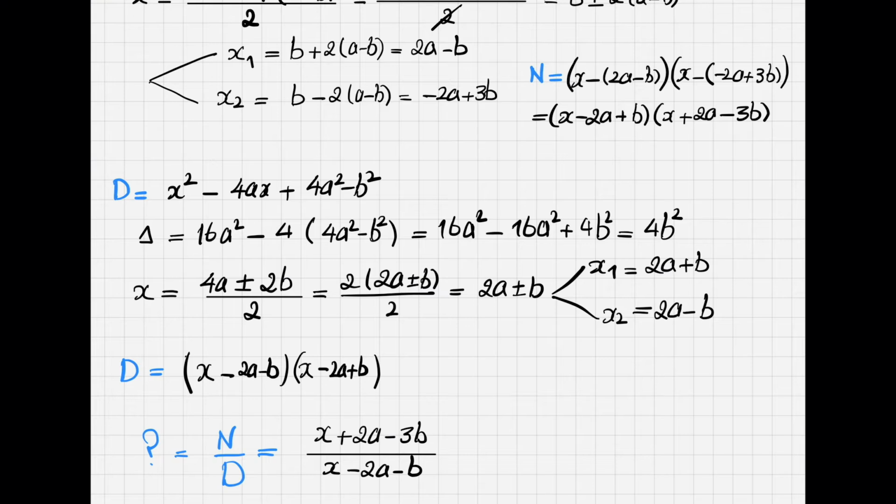But what I have in the answer sheet is that I have multiplied this numerator and the denominator by a negative sign, so this becomes 3b positive, negative 2a, negative x, and in the denominator it becomes positive b, positive 2a, and negative x. But of course, the reason that I did it here is because I wanted to get the exact answer that I already provided for you, but this is completely valid if you stop here.